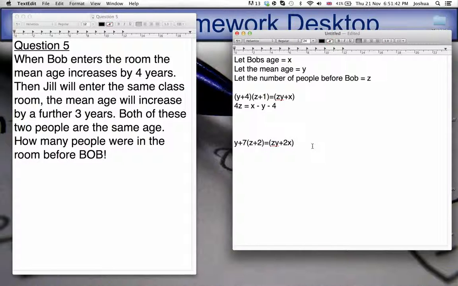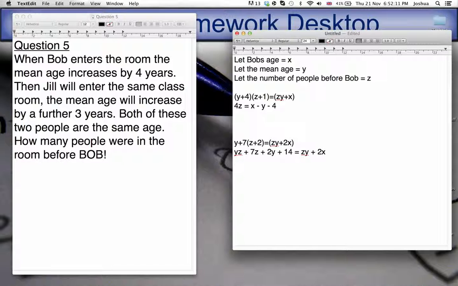Now let's solve this one. You get, again, YZ plus 7Z plus 2Y plus 14 is equal to ZY plus 2X.